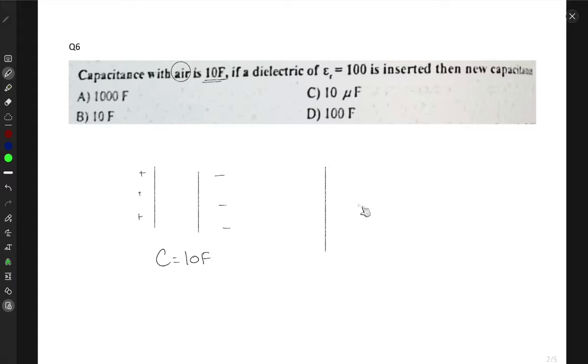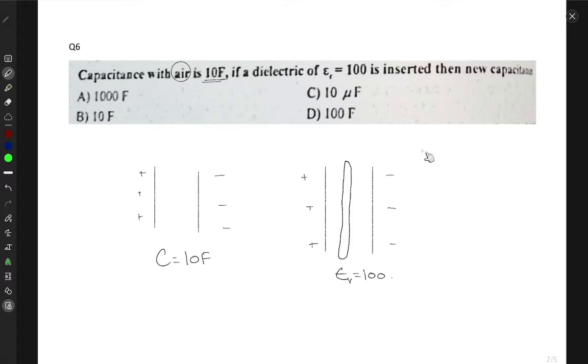The next situation is that you have the same arrangement with capacitance of 10 farads, but now I insert a dielectric medium between these two plates, and the strength of this dielectric medium is 100. Now note that this is a dimensionless parameter. Alright, so they're asking you the new capacitance, right?